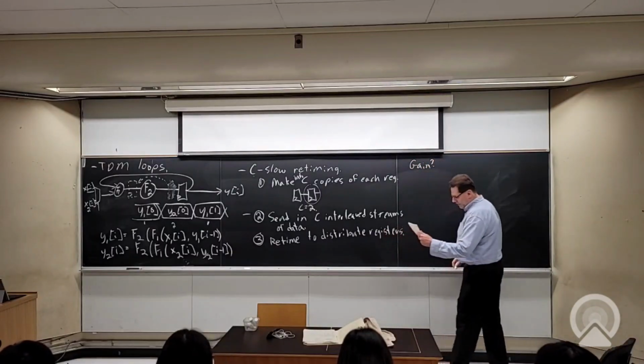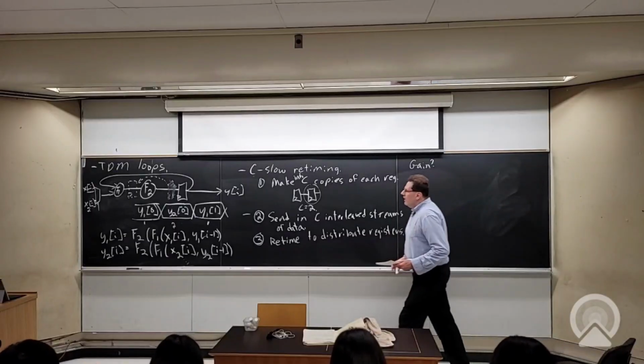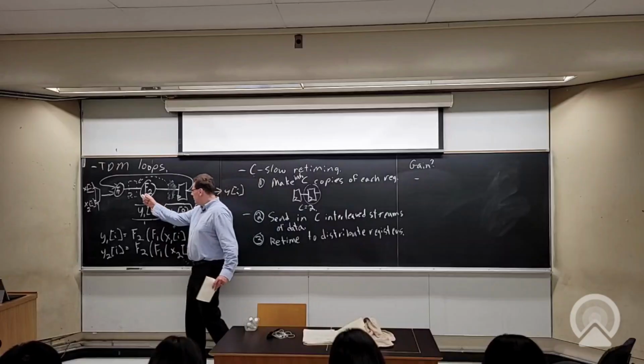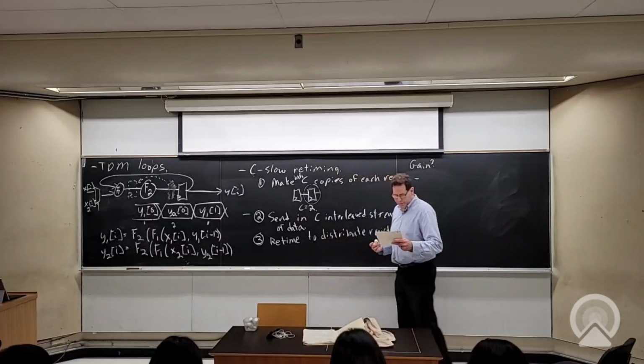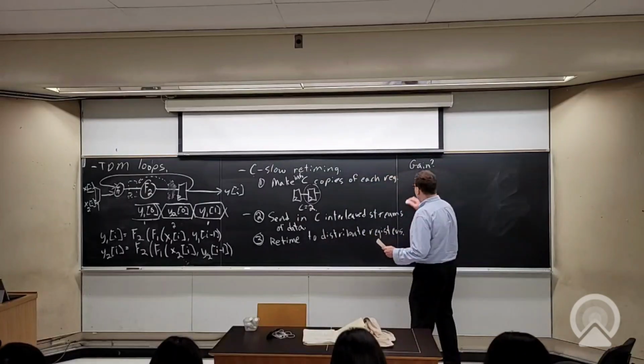Okay, so what's the gain of this? Assuming that these are reasonably big chunks of logic, this can be clocked approximately C times faster. When we did 2-slow retiming, we would get a factor of almost 2 in clock frequency.